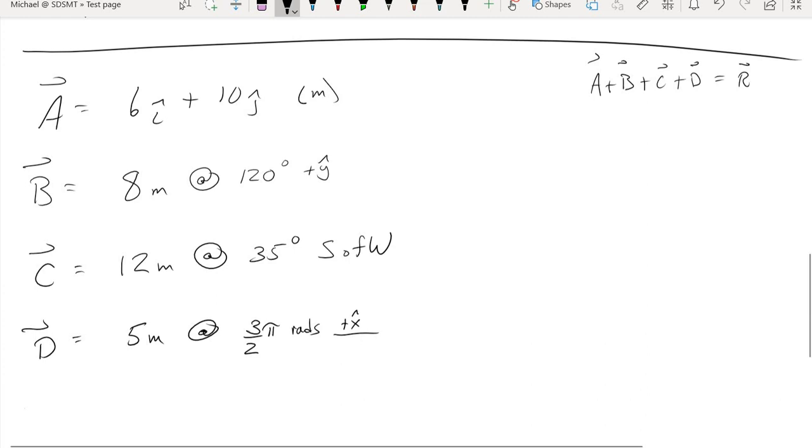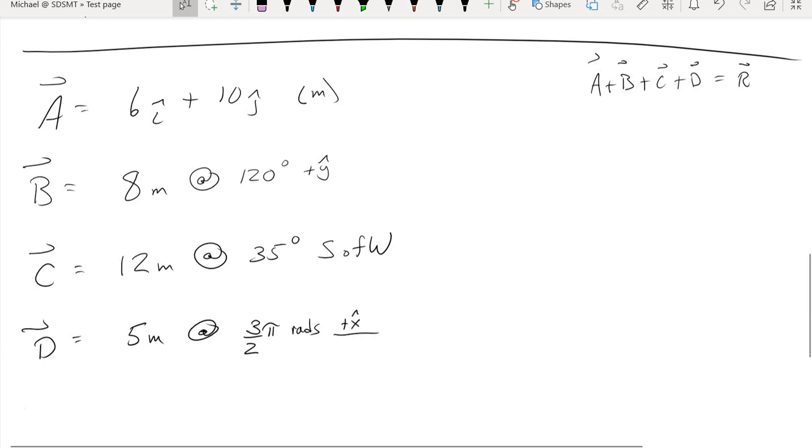So to do that, my best option is to get all of these vectors in the same format so that they can be combined in the same format. Well, I have 4 different formats here. I have components, I have magnitude and angle, I have magnitude and angle on a compass, and I have magnitude and angle using radians.